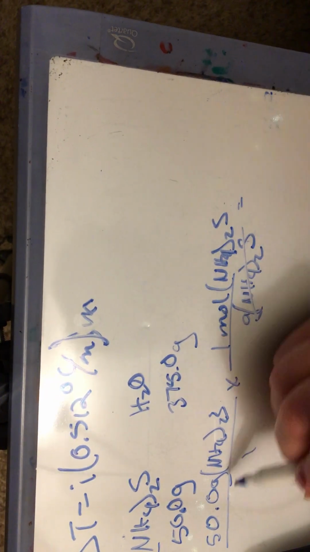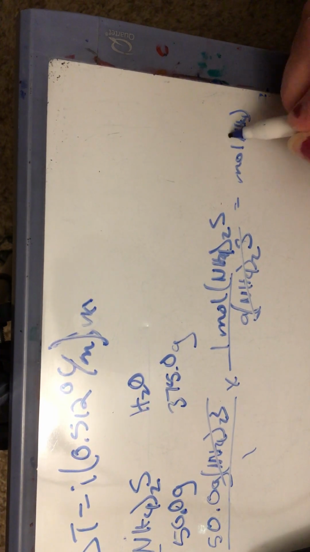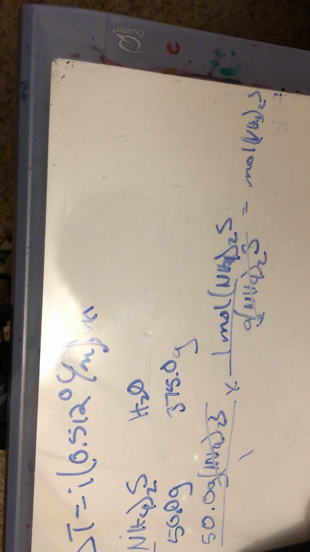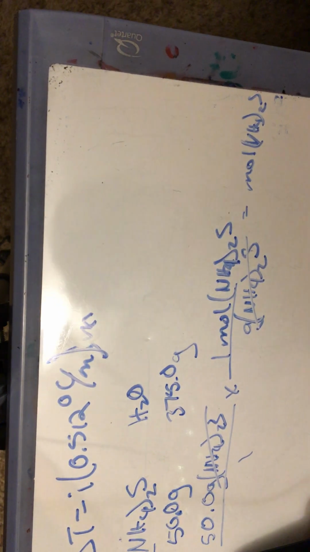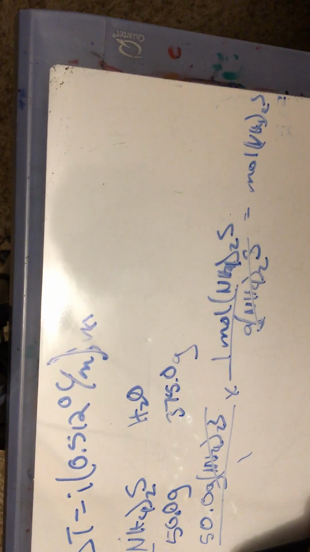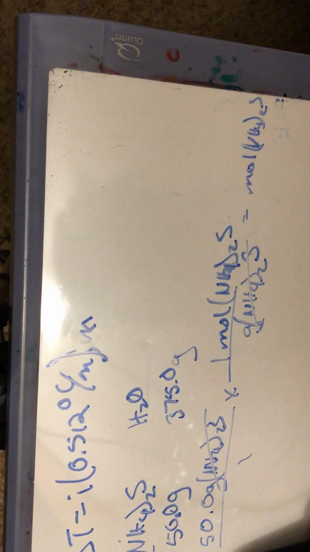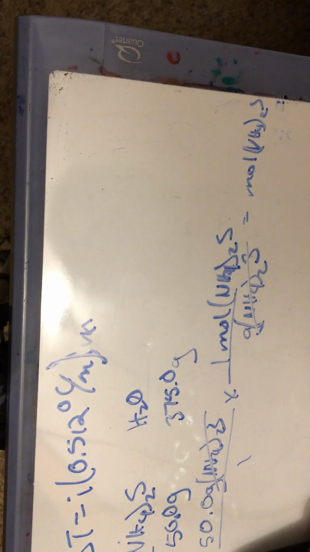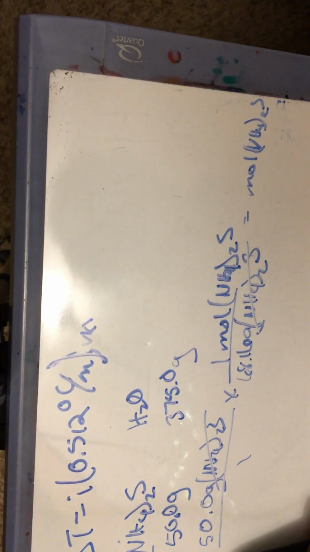That should give us moles of (NH4)2S. So let's find out what that is. 1.01 times 4 plus 14.01 times 2 plus 32.06, and I get 68.16.